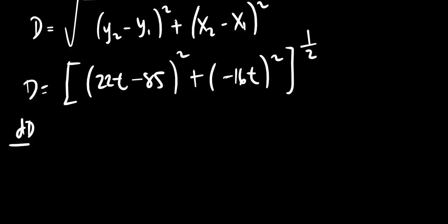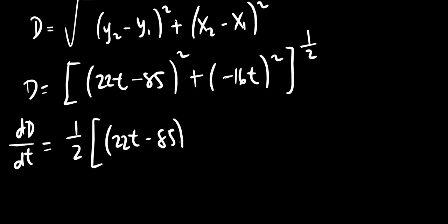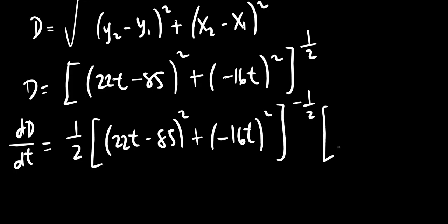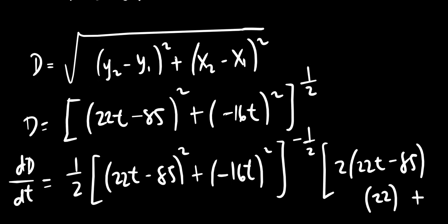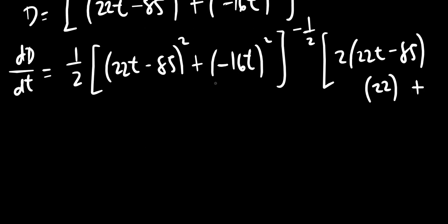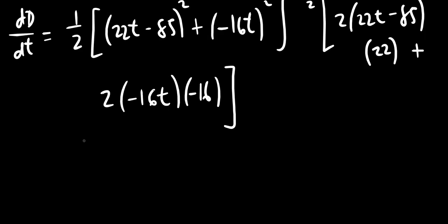So we have d over dt: 1/2, just copy the inside 22t minus 85 squared, then the derivative inside is 2 times the inside, and the derivative inside is 22. Plus the derivative of the second term, which is 2 times negative 16t, and the derivative inside is negative 16. Again, we will simplify.